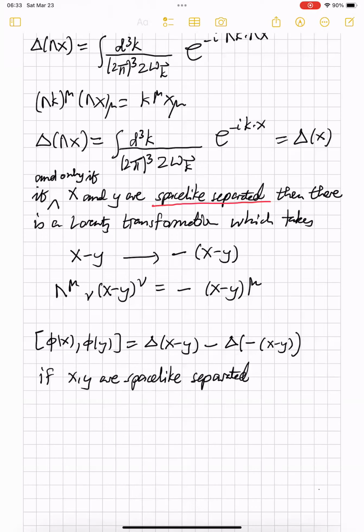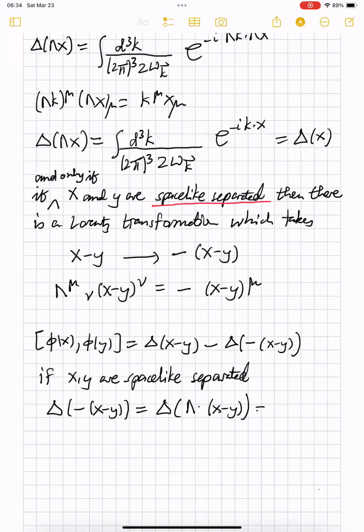But if x and y are space-like separated, then there is a Lorentz transformation which will take x minus y into minus (x minus y).